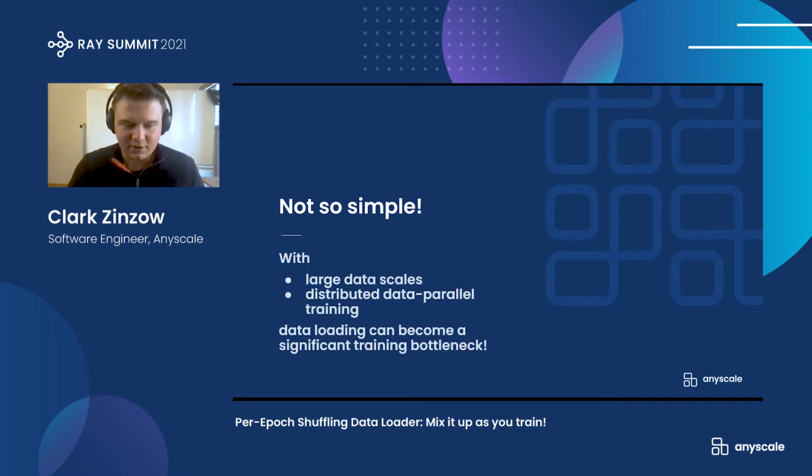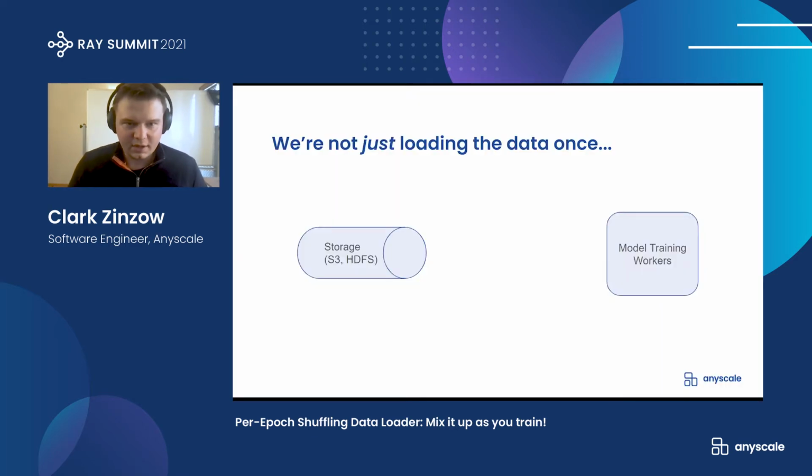Especially when you start approaching large data scales and coupling that with wanting to do distributed data parallel training, essentially to increase the scale of data that you can handle, where the data maybe can't fit into a single trainer node, or potentially to speed up training by parallelizing it. And there are a few things that make this extra tricky.